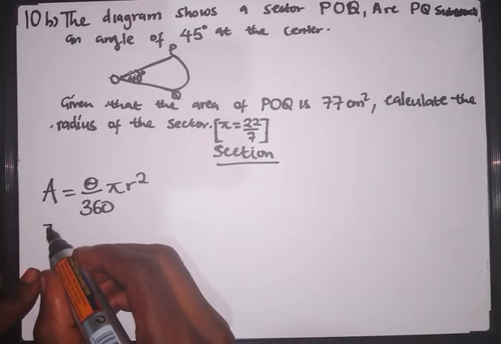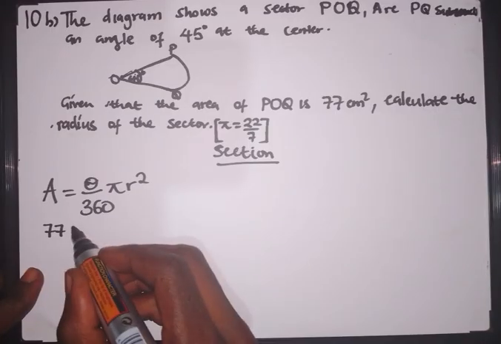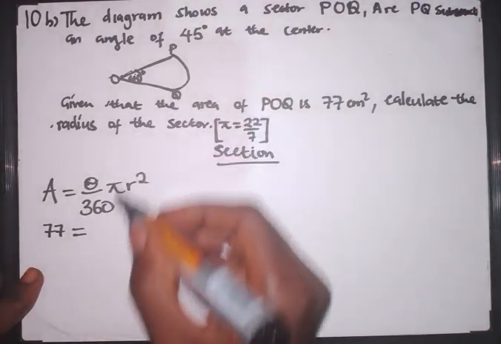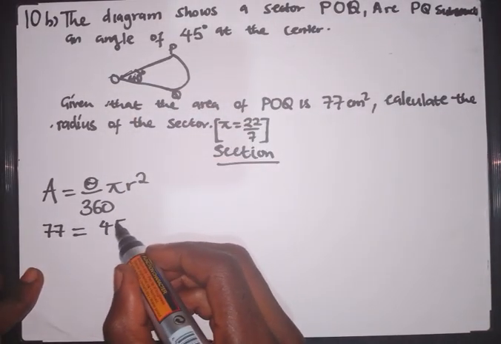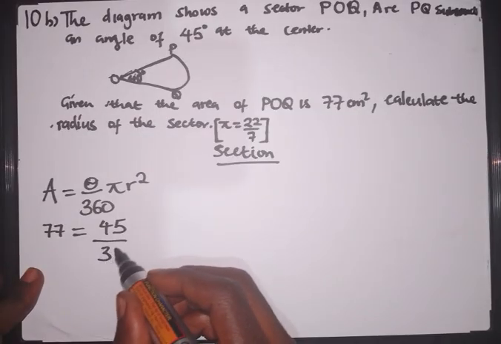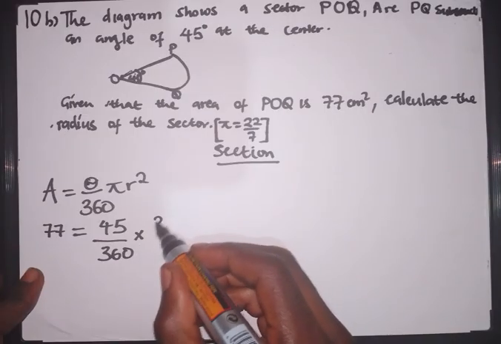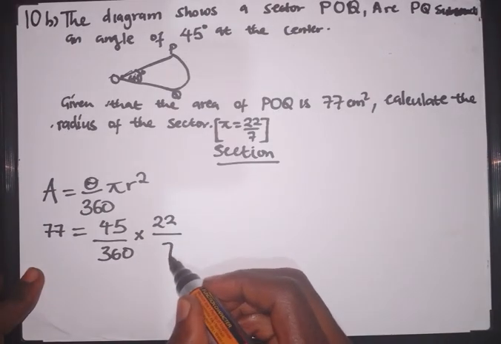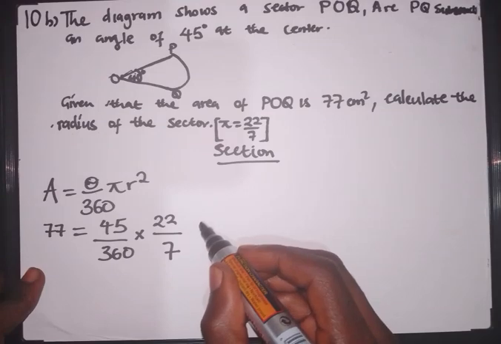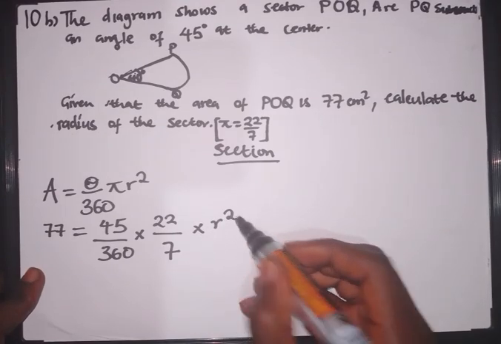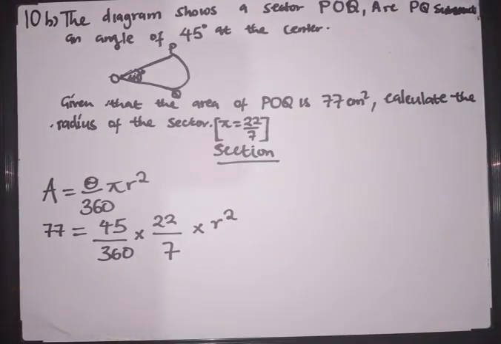So we say 77 should be equal to our angle, 45 over 360, then we have pi to be 22 over 7 multiplied by r squared.